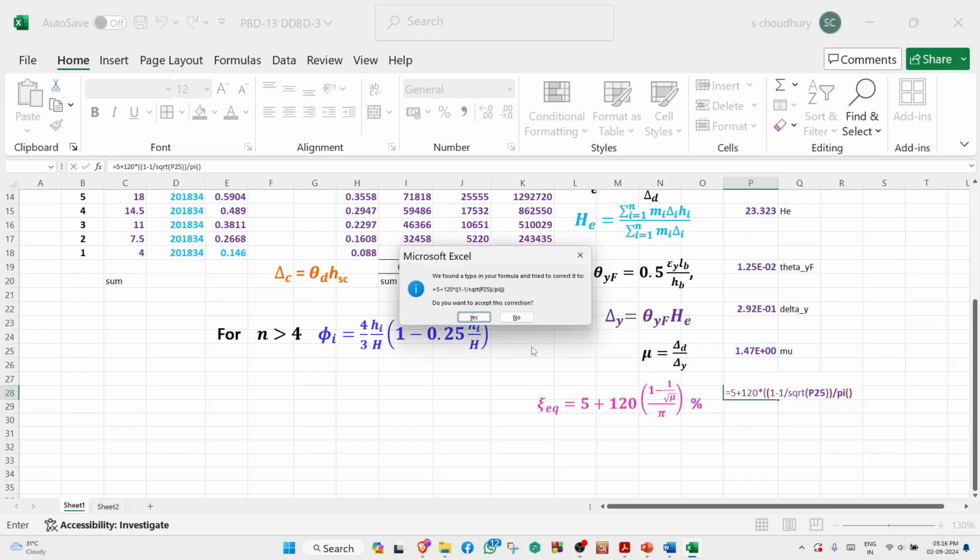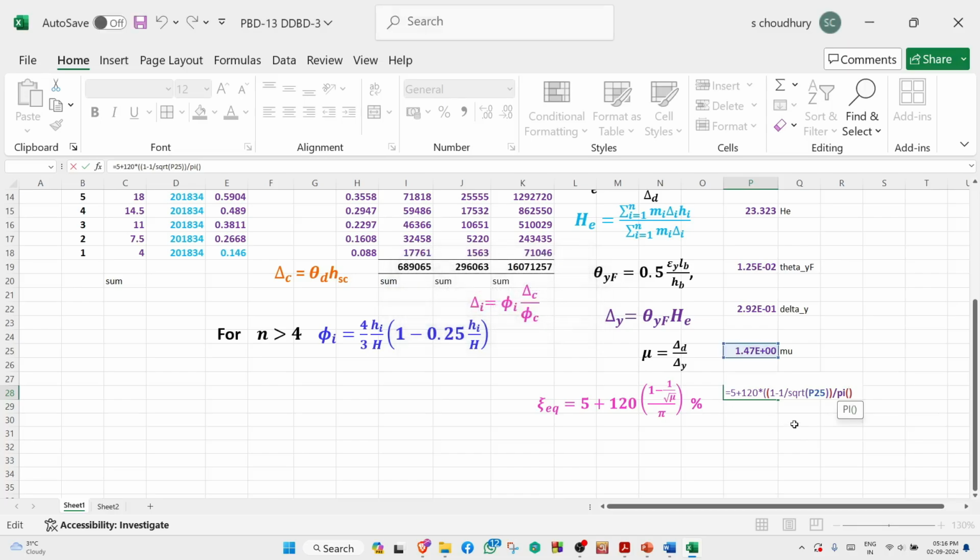Some problem. What is the problem? 5 plus 120 star bracket, star 1 minus 1 divided by SQRT of that mu value. Then we have closed the bracket. SQRT bracket is closed and this bracket is closed.